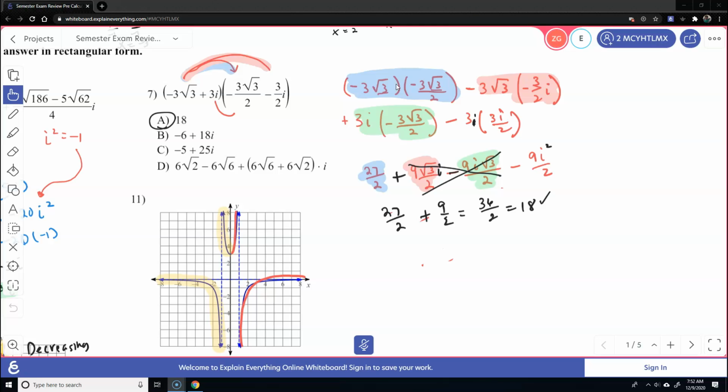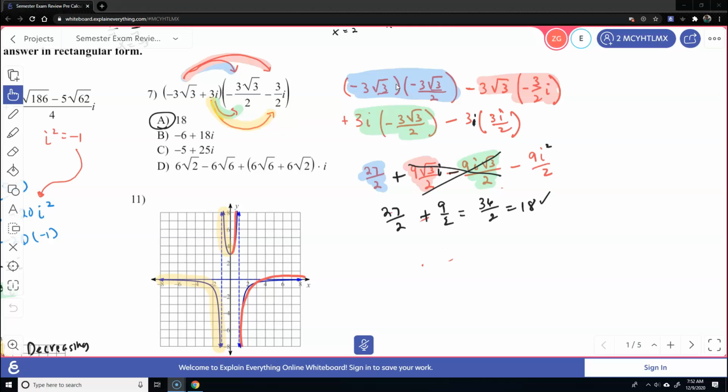The green one is 3i times negative 3 square root of 3 divided by 2. And then the yellow one would be 3i times negative 3i over 2.